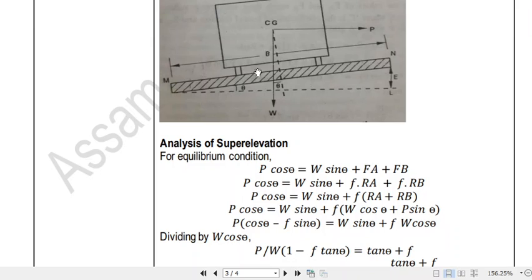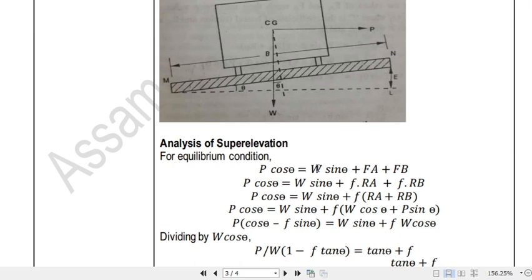Now the centrifugal force is thus opposed by the corresponding value of the friction developed and by a component of the force of gravity due to the super elevation provided. So if we consider the forces acting in the horizontal and vertical directions for the equilibrium condition, if we resolve P, here it would be P cos theta and here it would be P sin theta.